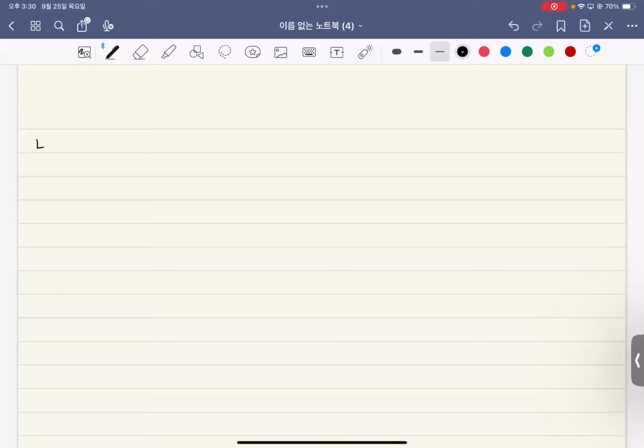So it goes like this. Suppose that f is a continuous function on some domain D, then the following are equivalent.